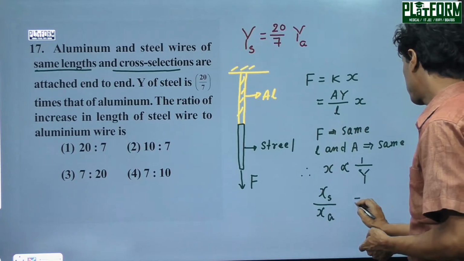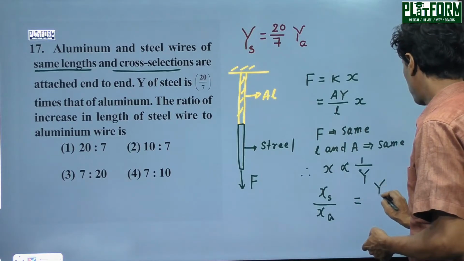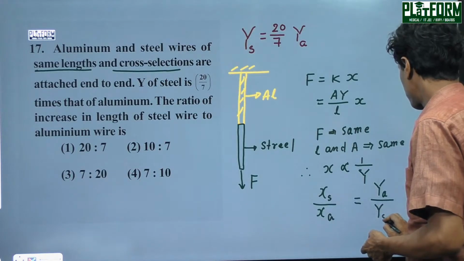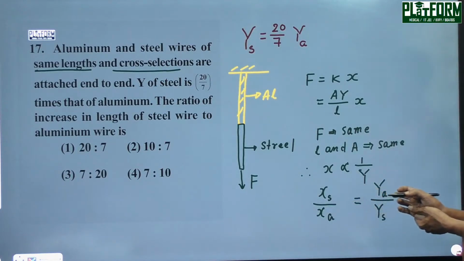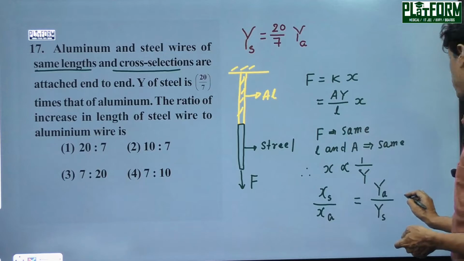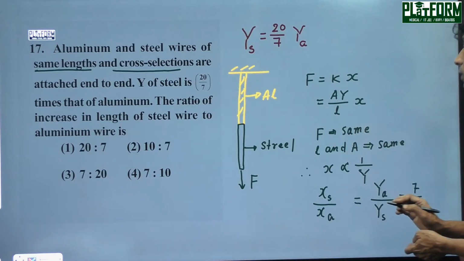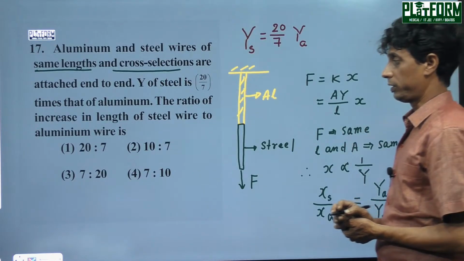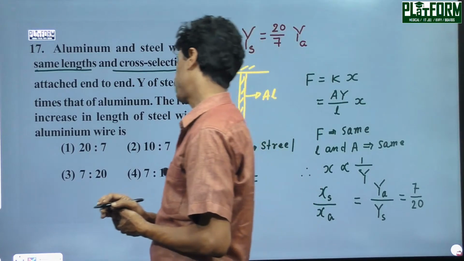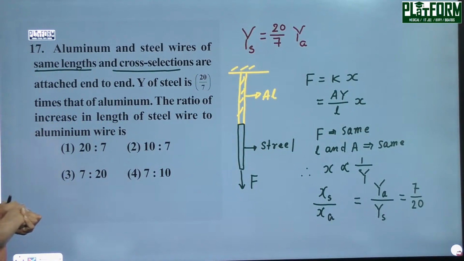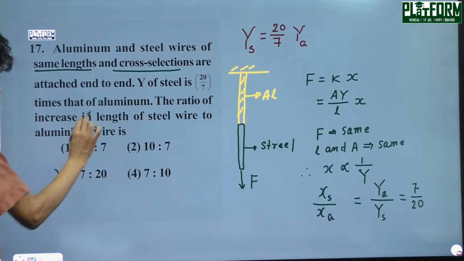We can write Young modulus of aluminium by Young modulus of steel, and this value is 7/20. So the ratio of increase in length of the steel wire to aluminium wire is 7/20. So the right option here is 3. Next.